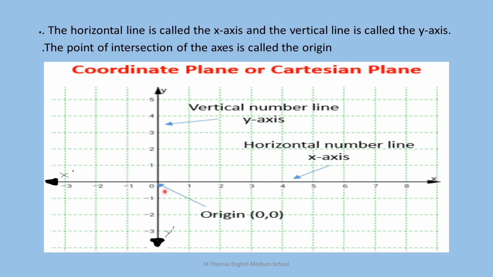The x-axis and y-axis intersect at a point O, called the origin. OX and OY are called the positive direction of x-axis and y-axis. OX' and OY' are called the negative direction of x-axis and y-axis respectively.